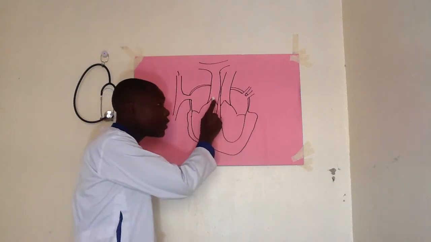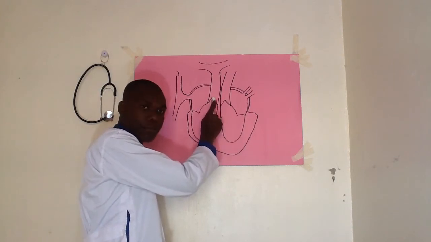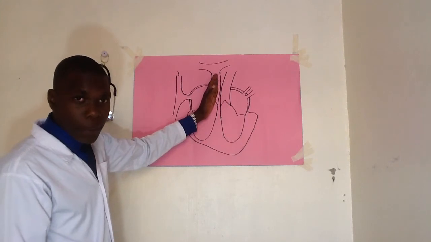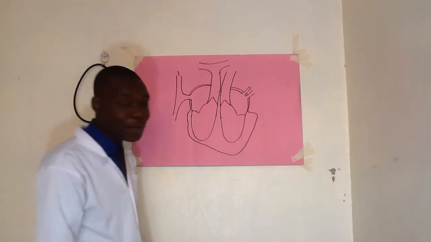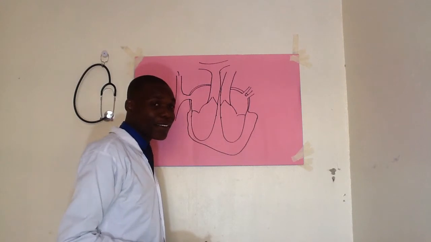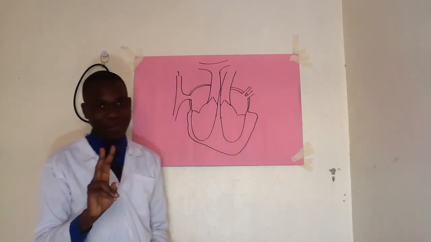Moving across the pulmonary semilunar valves, through the pulmonary artery, which divides into two immediately after. The reason is we have two lungs in our body.